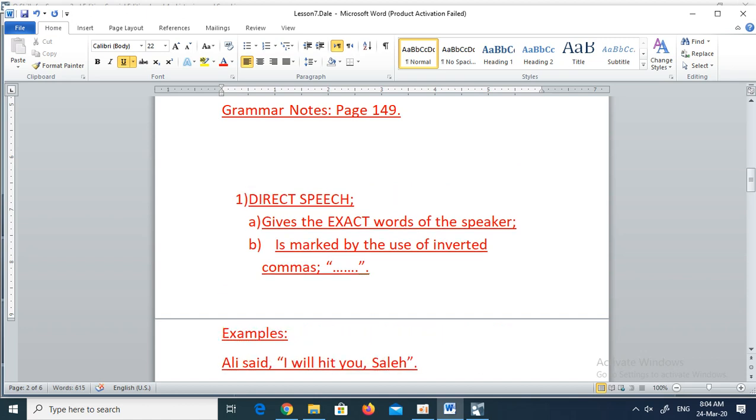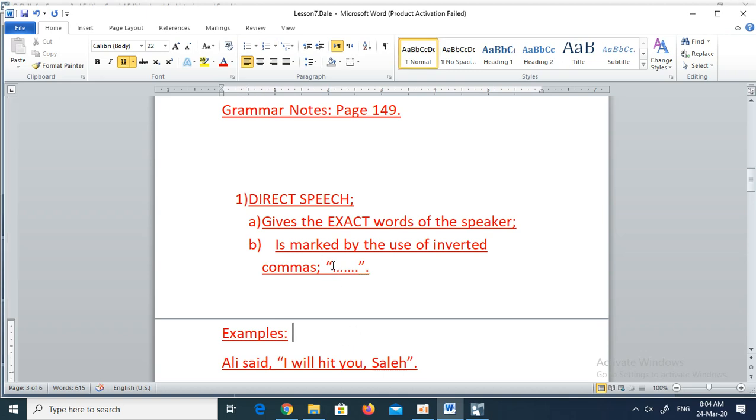Direct speech gives the exact words that the speaker uses. And when direct speech is written on the page, we use what we call inverted commas, which are those two little marks over there.